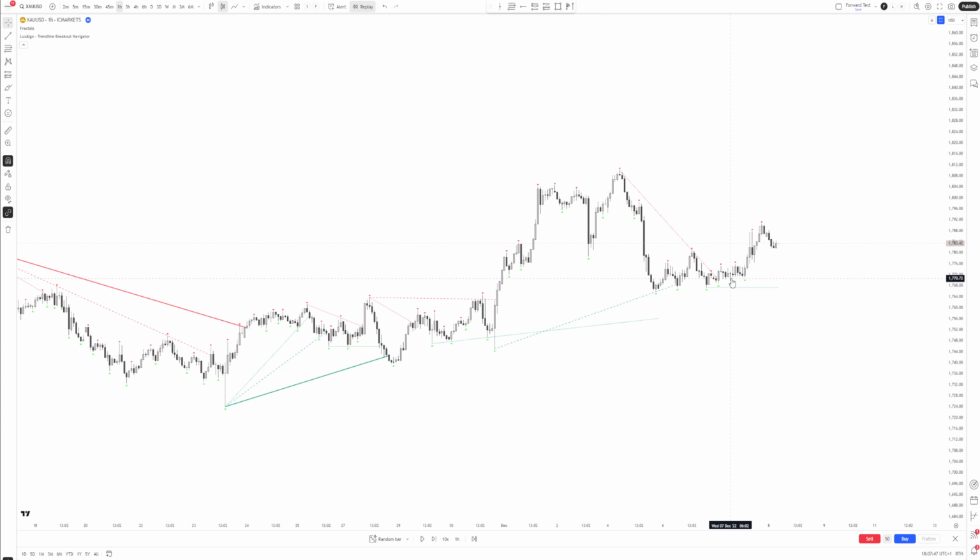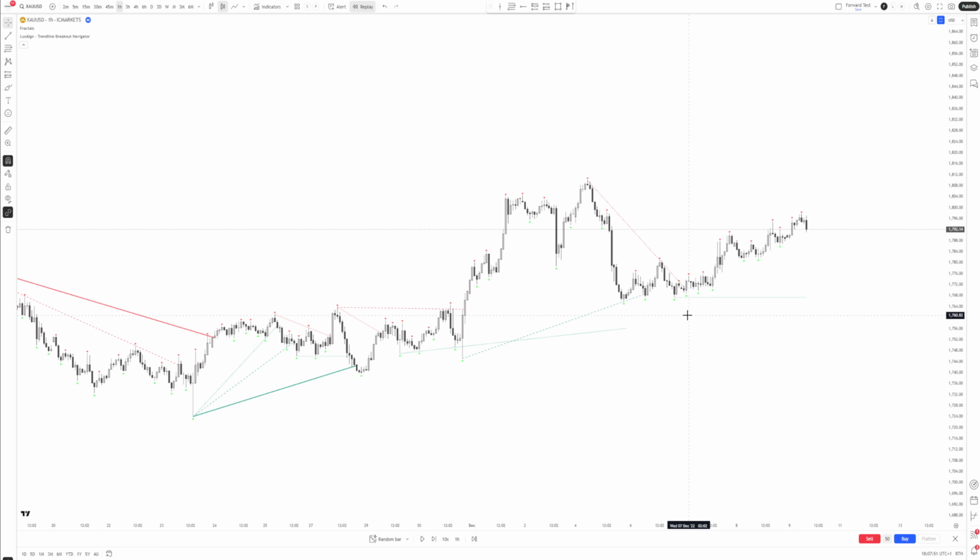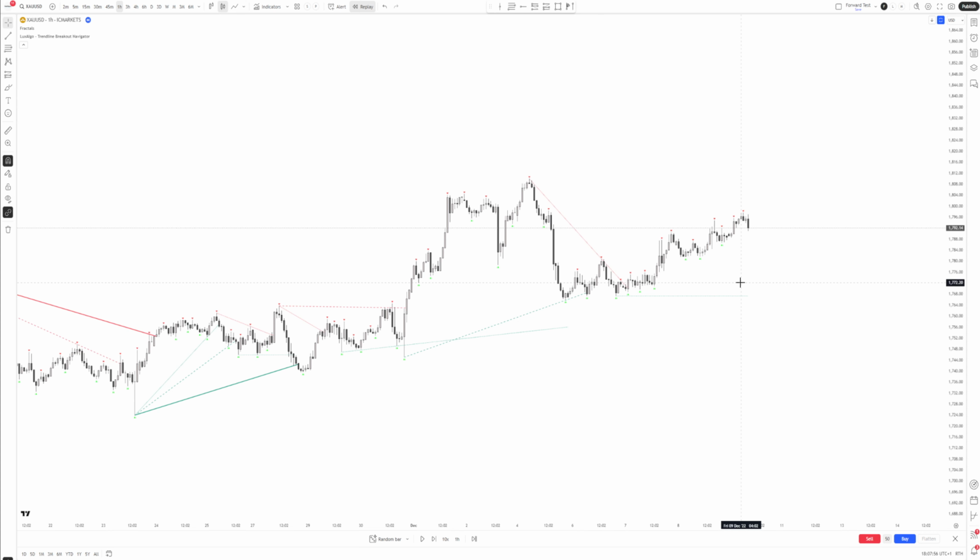And at this moment in time, nothing as of yet. You might be thinking, well, if you had entered there, you could have taken this trade and that may have played out, and that could possibly be your strategy and you decide you want to go with that. But for the purpose of the video, I'm just going to be sticking to the medium and the long term. So at the moment, there's nothing so far.